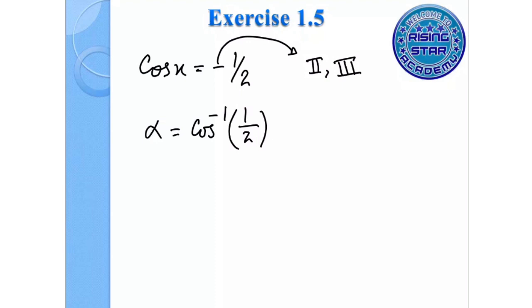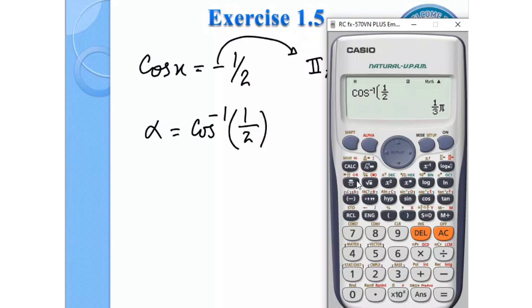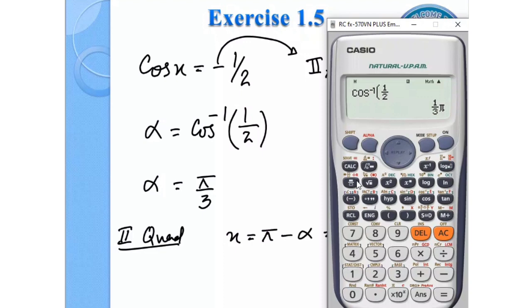So for that purpose we will take the cos inverse of half using the calculator, which is equal to pi by 3. For the second quadrant, we will write x is equal to pi minus alpha, so that would be pi minus pi by 3. When you take the LCM to simplify, you will get 2 pi by 3.